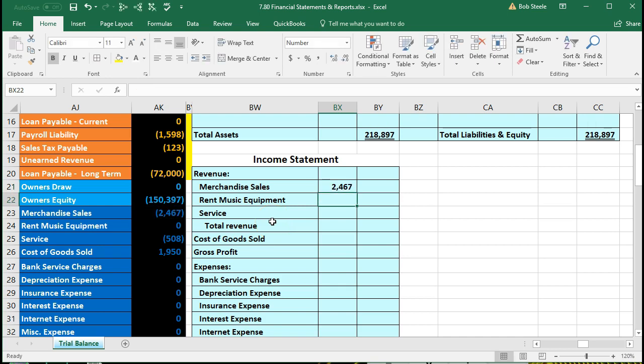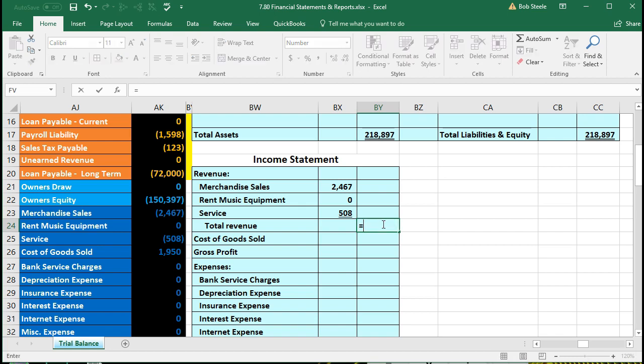We're going to do the same thing for the other two. So I'm just going to say negative of that 0, which of course is just 0. And then we're going to take negative of the service revenue, the 508, and that'll flip the sign and give us a positive 508. I'm then just going to sum this up in the outer column. So we're just going to highlight these, and that would be the 2,975. I'm going to use the sum function to do that.